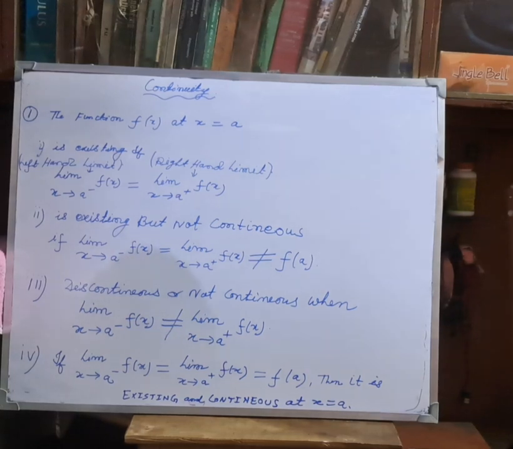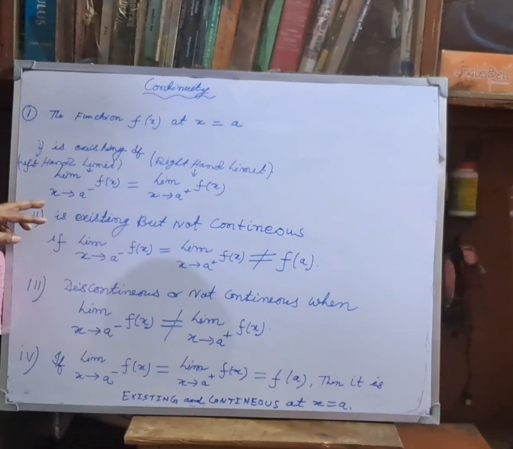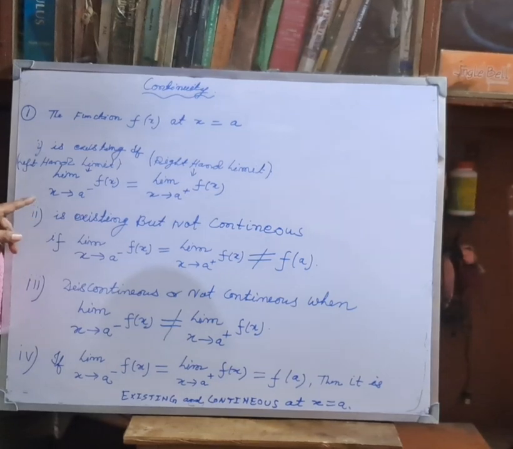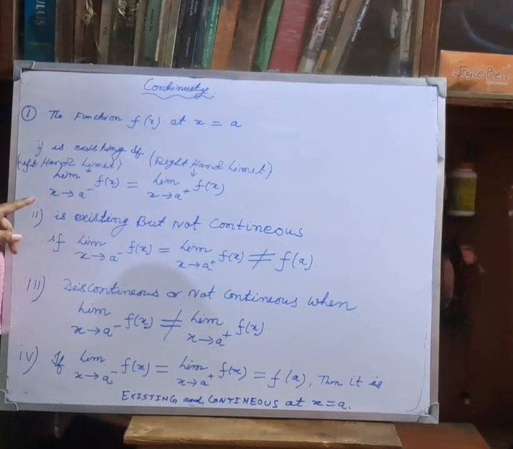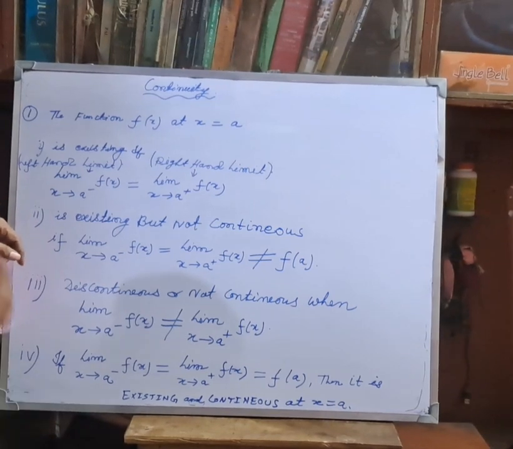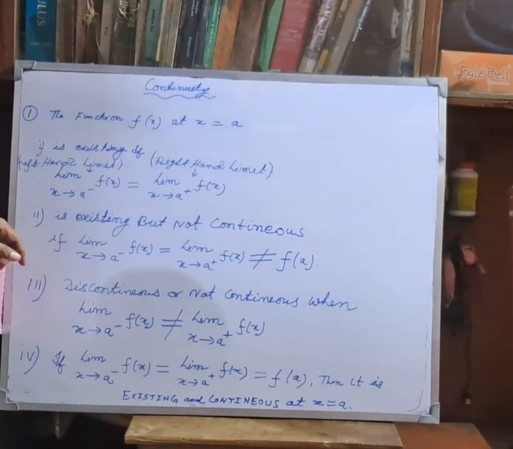So you just see this: limit x tends to a minus f(x) is equal to limit x tends to a plus f(x). So this is existing, actually existing, and is existing but not continuous, and this is discontinuous, and this is existing and continuous at x is equal to. It's okay.